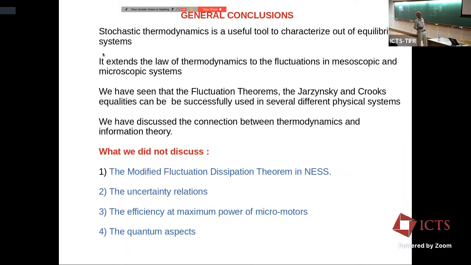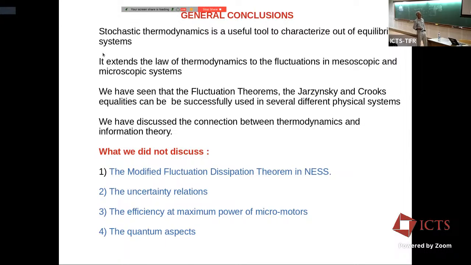We have seen that the fluctuation theorems, the Jarzynski and Crooks equalities, can be successfully used in several different systems.